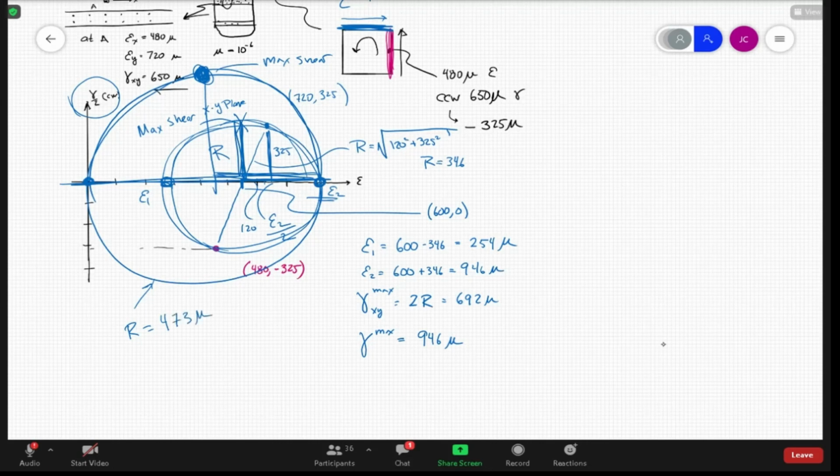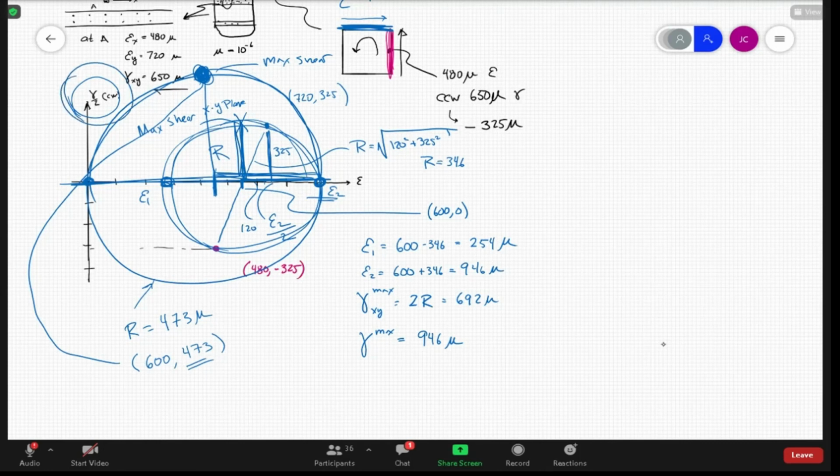So this point up here at the very top is going to be at the center point, which is 600, positive 473. Okay, but remember, this is not the value of the shear strain.